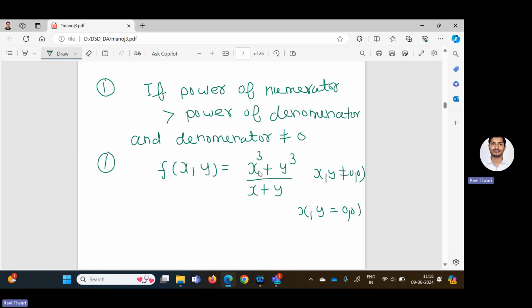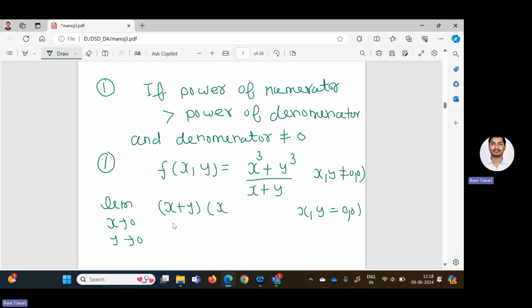So some students think we can apply the a cube plus b cube formula, for example to calculate the limit as x tends to 0, y tends to 0. Then you get x plus y times x square plus y square plus something in the bracket, and the denominator x plus y will cancel out.